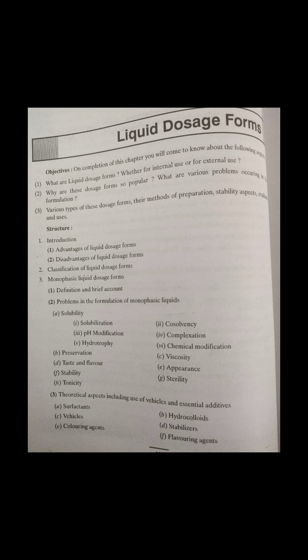If we look at the classification of the monophasic liquid dosage forms, there are four types: for oral use, for external use, for special use, and for parenteral use. The oral use monophasic liquid dosage forms can further be classified into simple mixtures and concentrates, syrups, elixirs, drops, linctus, tinctures, spirits, and so on.